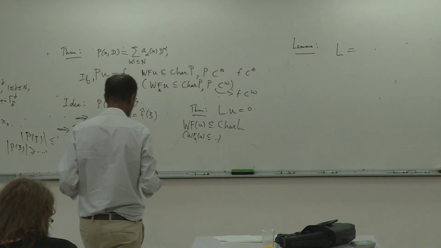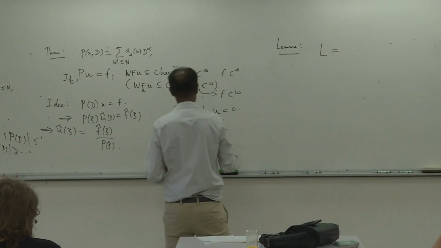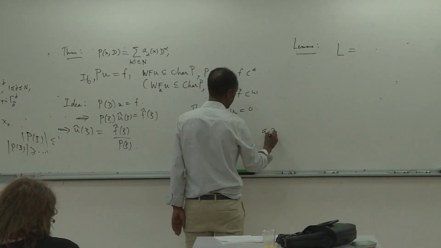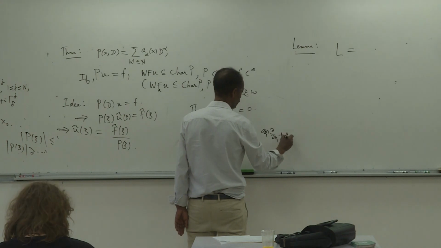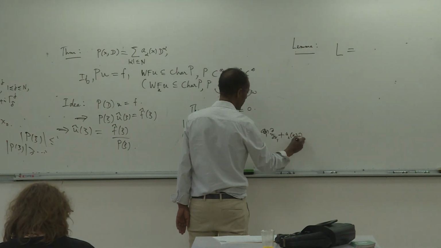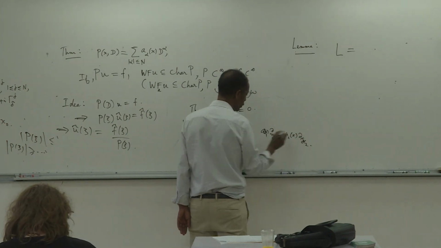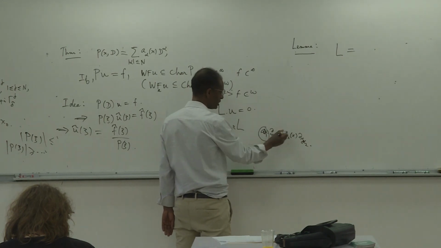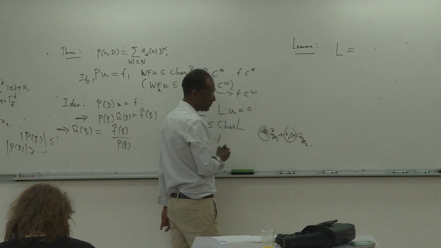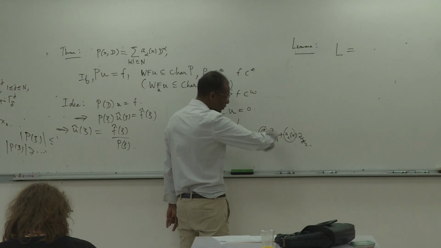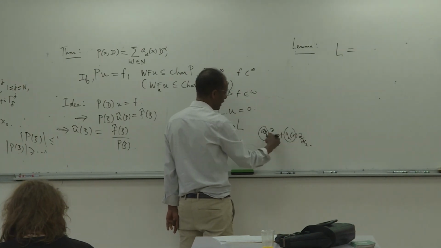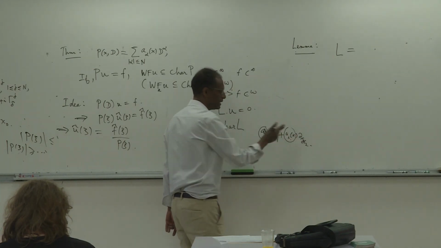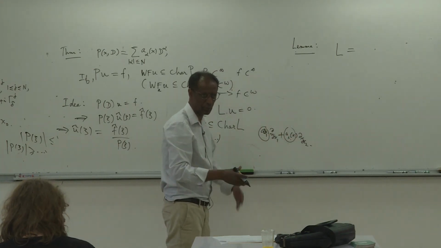L is non-degenerate. So L could be, for example, a1 of x ∂/∂x1 plus a2 of x ∂/∂x2. Near the origin, either this coefficient is non-zero or this coefficient is non-zero. Say this coefficient is non-zero, so near the origin I can divide by a2, and I can assume that L starts with ∂/∂x2 plus and so on. It's not going to affect things.